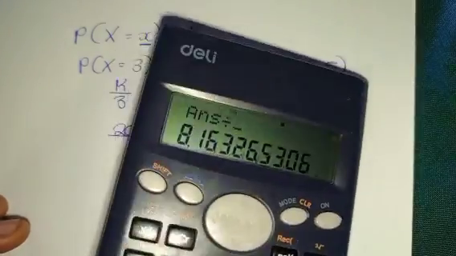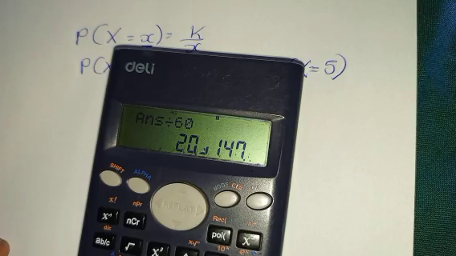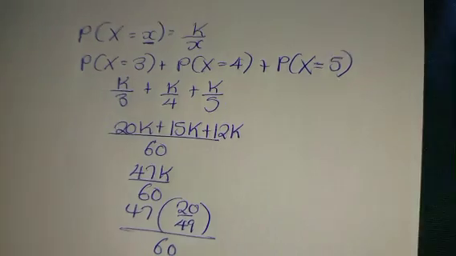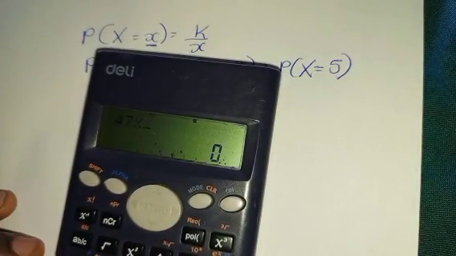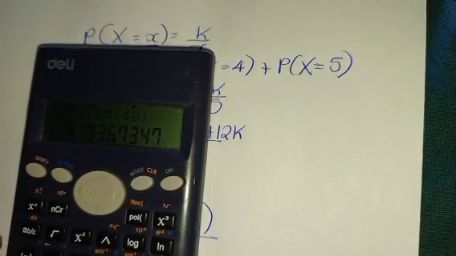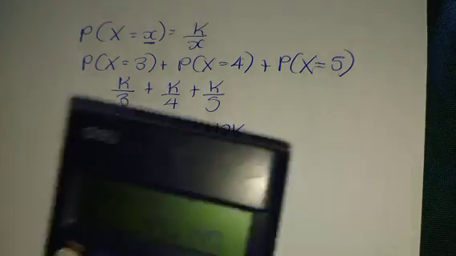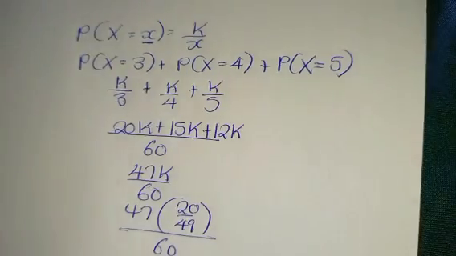Divide this answer by 60, and you will have your answer to be 20 over 147. Sorry, we did not punch nicely. 47 multiplied by 20 over 49 divided by 60, you will have 47 over 147 as your answer. Yes.